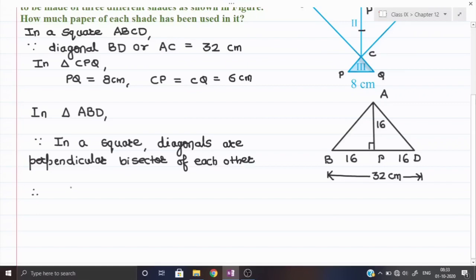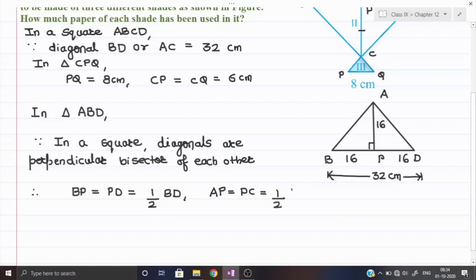Therefore, we can say that the value of BP is equal to PD is equal to half of BD. And similarly the value of AP is equal to PC is equal to half of AC.